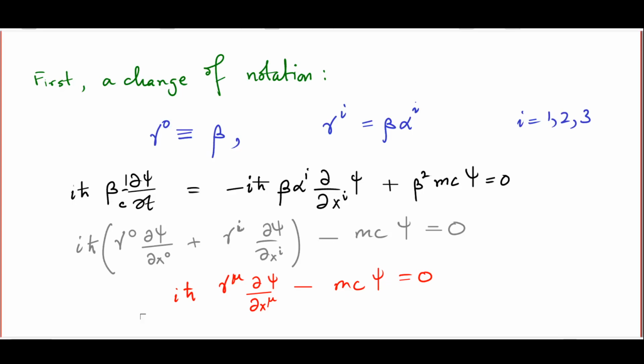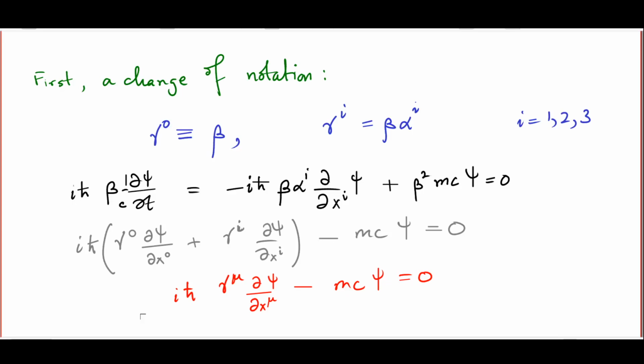If we move everything to one side now, note that what we are going to get is i h-bar times beta times 1 by c del psi del t, which now becomes gamma 0 del psi del x0. And the beta alpha i del_i psi, which has moved to the left hand side now, simply becomes gamma i del psi del x^i, and you have a minus mc psi, which comes from the beta squared mc psi.